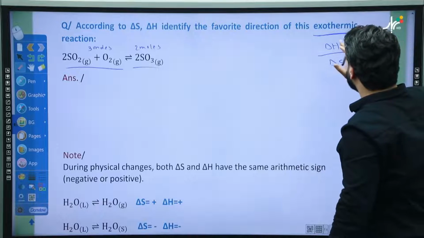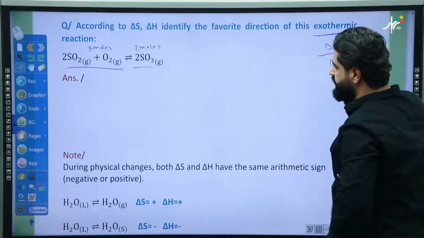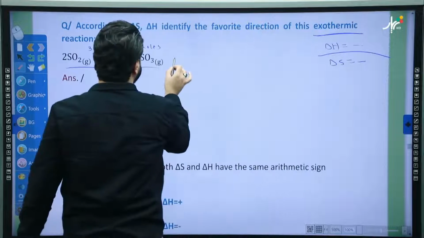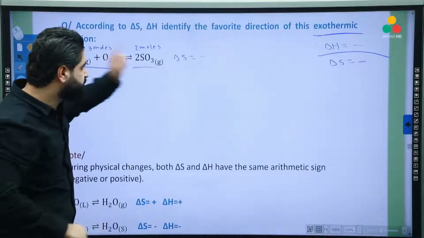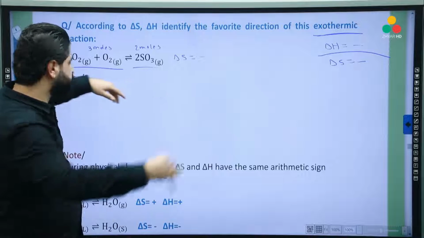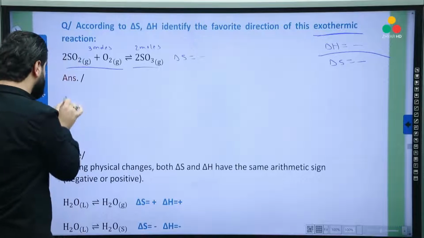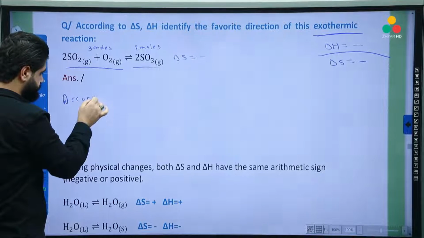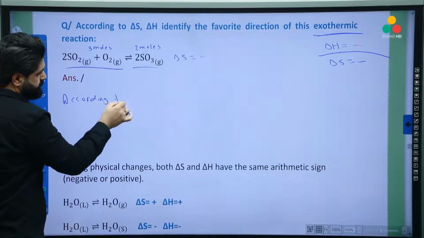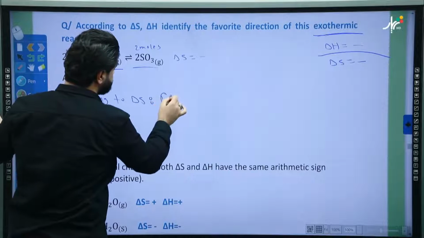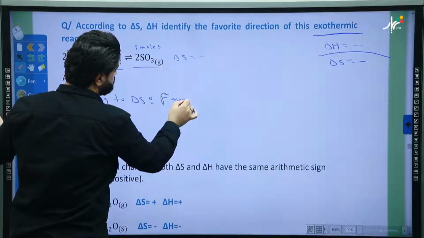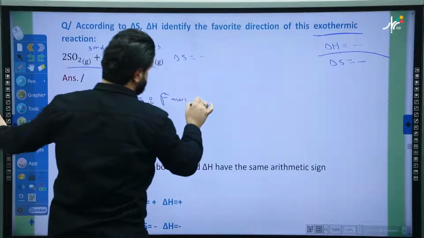If enthalpy is positive, it will be reverse. And now for this reaction, delta S is negative, so it will be reverse. So according to delta S, it favors reverse direction.